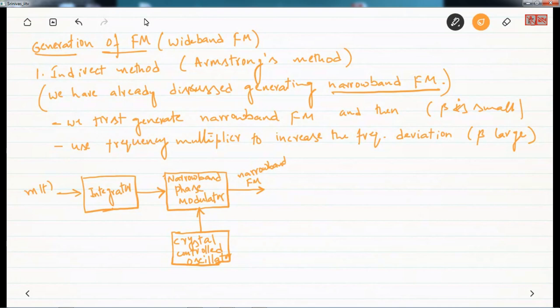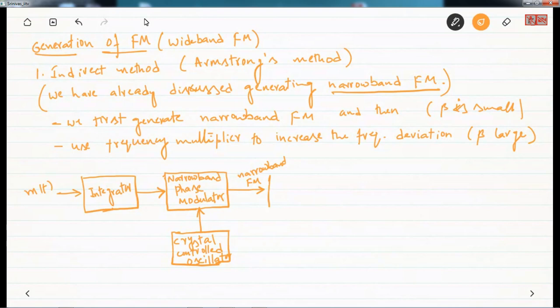And if you integrate m of t and give that as the input to the narrowband phase modulator, you will get a narrowband frequency modulated output. So here we have a narrowband frequency modulated signal with beta small.